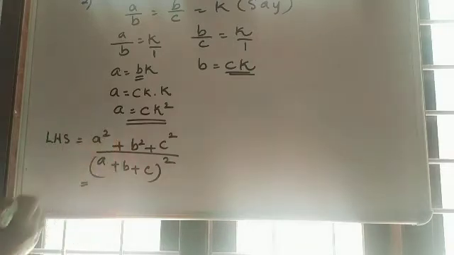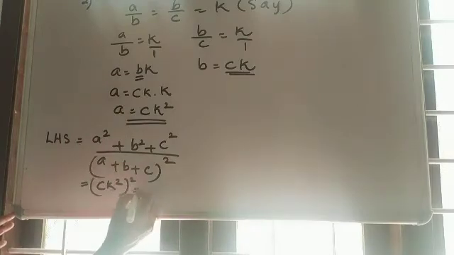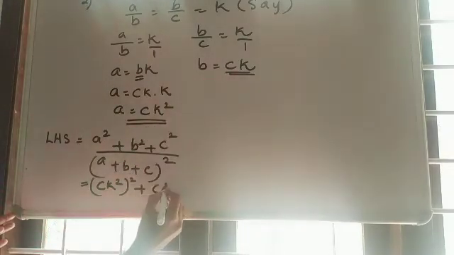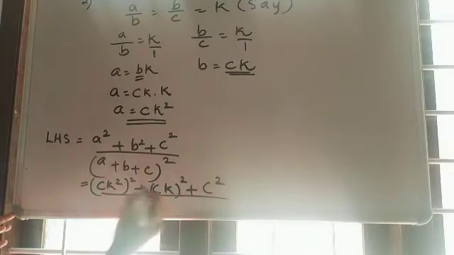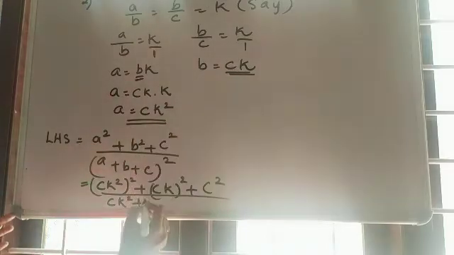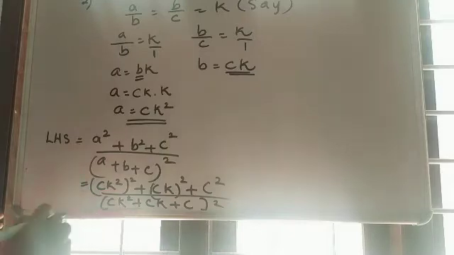So, we can replace A as CK square. So, it will be what? CK square the whole square plus B square, so CK the whole square plus C square divided by CK square plus CK plus C the whole square.